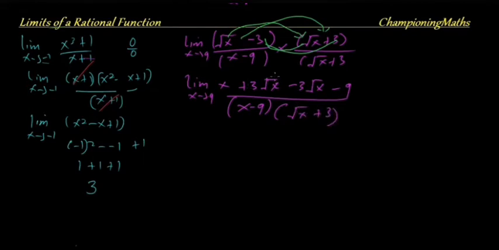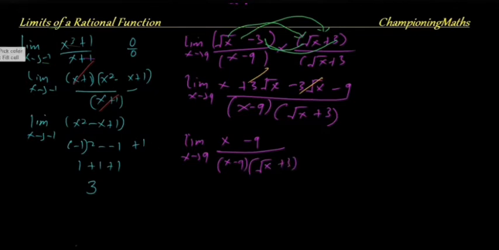Now, plus 3 square root of x minus 3 square root of x will go away. So our limit as x approaches 9 will now be x minus 9 all over x minus 9 multiplying the bracket square root of x plus 3. Again, we can reduce our fraction by x minus 9.